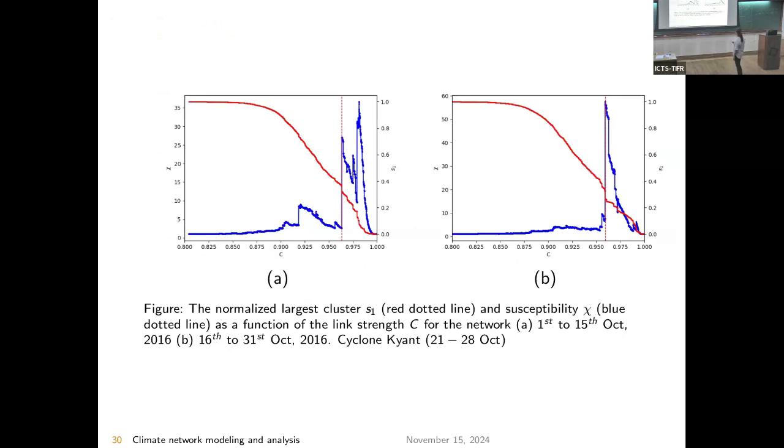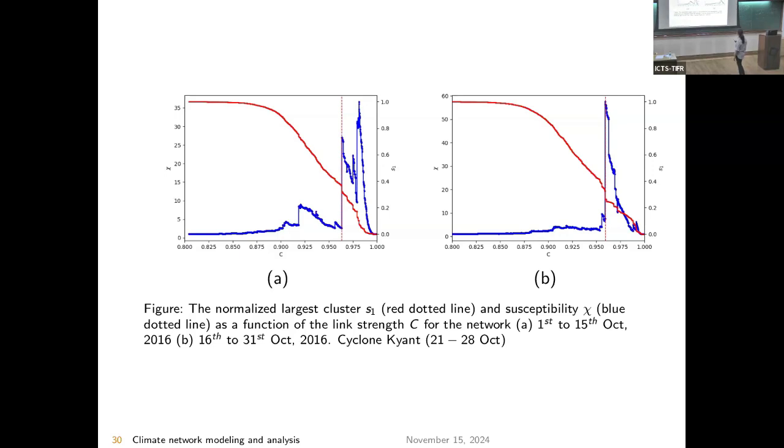This is for the cyclone that happened in the Bay of Bengal from 21st of October to 28th of October. This is a 15 day network, 16 to 31st of October. For that network, we have calculated the normalized largest cluster, and the blue line is the susceptibility. For the 1st to 15th October network, which is the preceding network just before the cyclone, we have calculated S1 and chi.